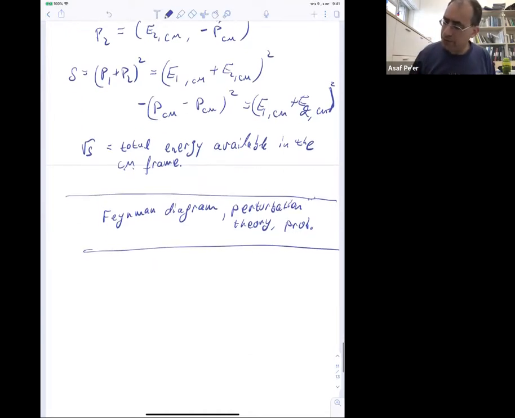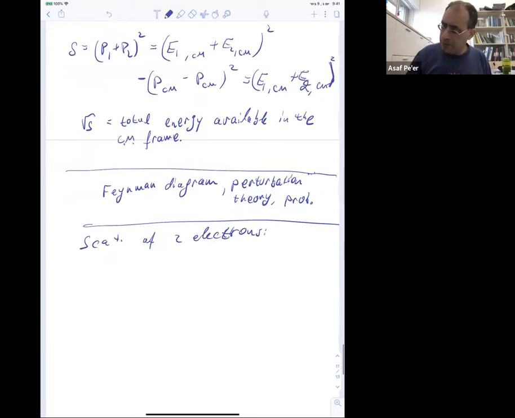So for scattering of 2 electrons, the simplest diagram has 2 electrons, they exchange a photon, and they're being scattered. Fine. But of course, this is not the only option. We can have, for example, an exchange of 2 photons.